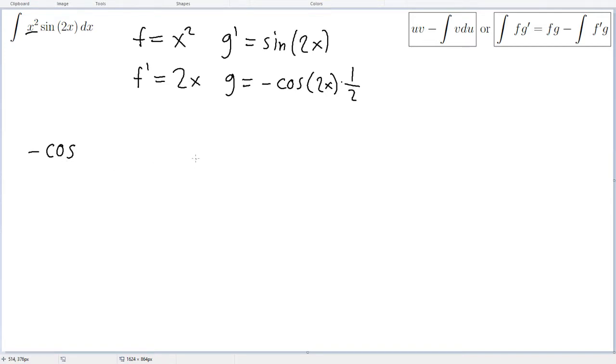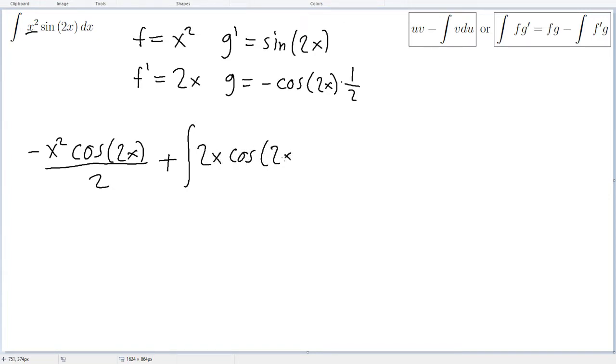Let me write it this way. Negative x squared cosine 2x, all divided by 2. And then we get minus, well, we have this negative here, so if we plug this in, we're going to get positive 2x cosine of 2x times a half, and these two cancel out.